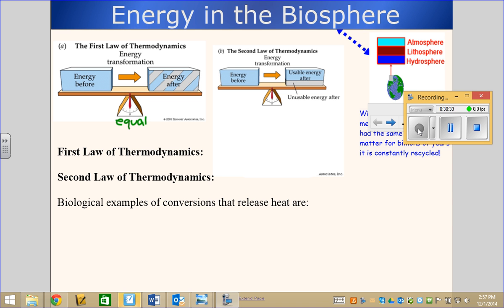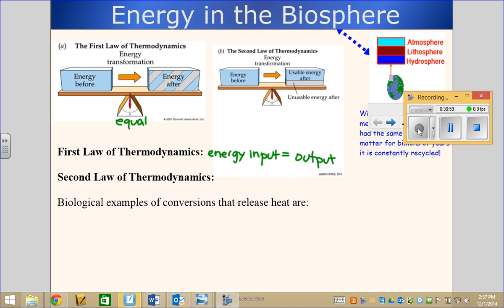The first law of thermodynamics says that the energy input has to equal the energy output, whether we're talking about a machine, a living organism, or our entire planet as a whole. The energy that comes in has to equal the energy that goes out.